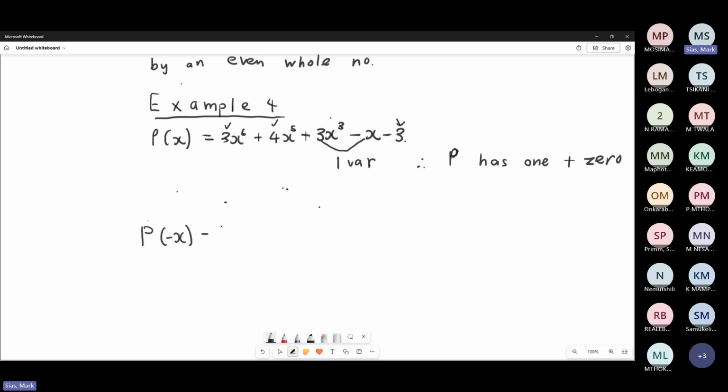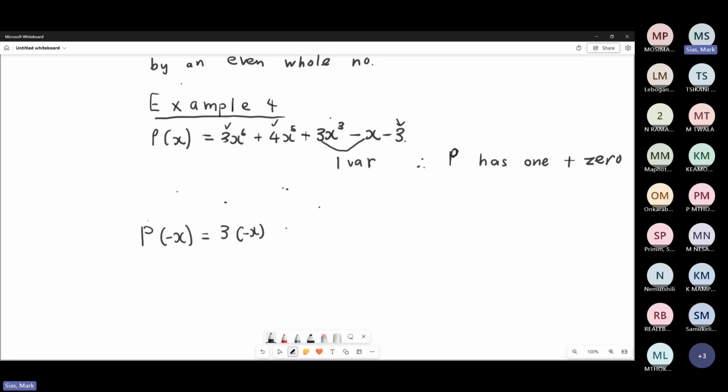But anyway, let me write it down. 3, and then we multiply inside there. So I have minus x all to the 6, okay?